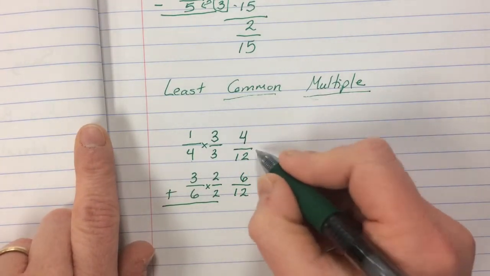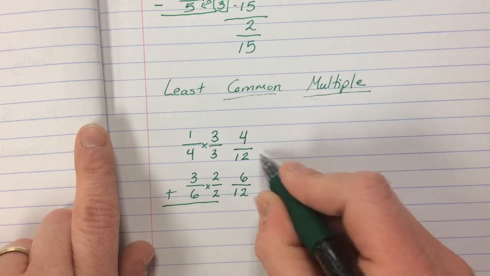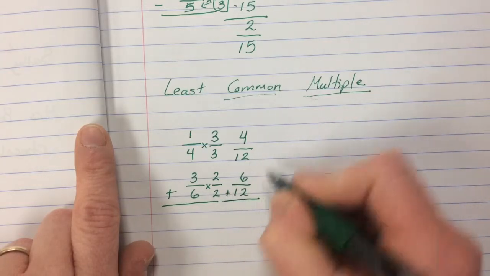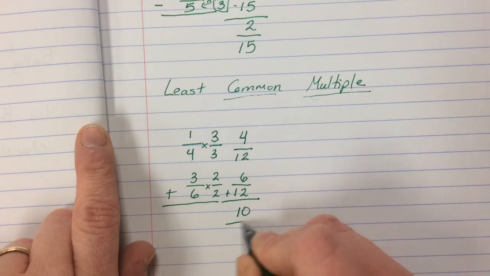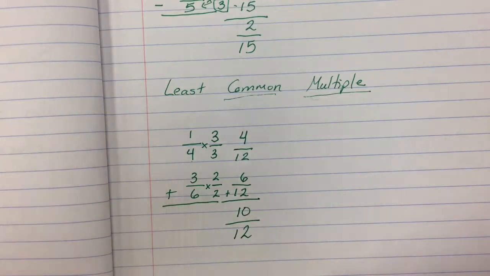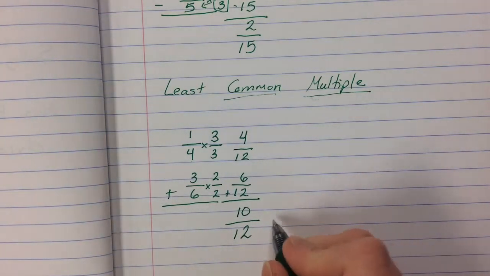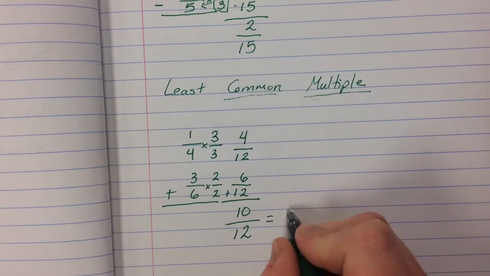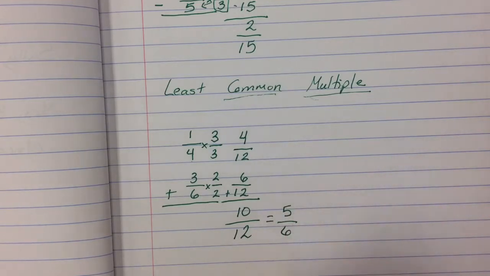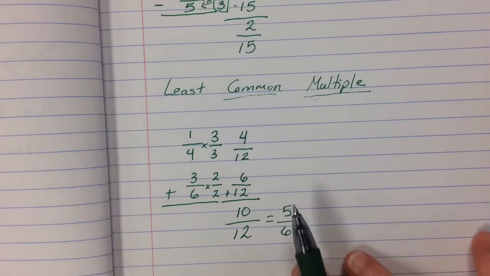Now, because my fractions have the same denominator, now I can add. And that becomes 10/12, which needs to be reduced to 5/6. Because they have 2 in common, and I can divide top and bottom by 2 and get 5/6.